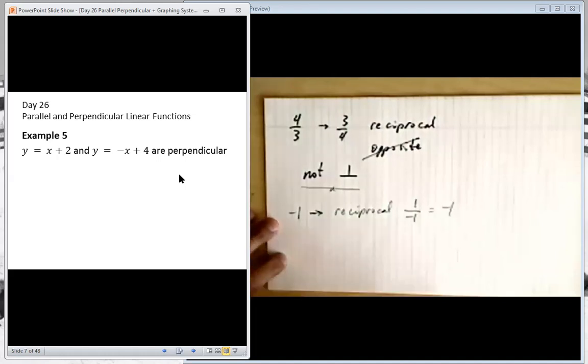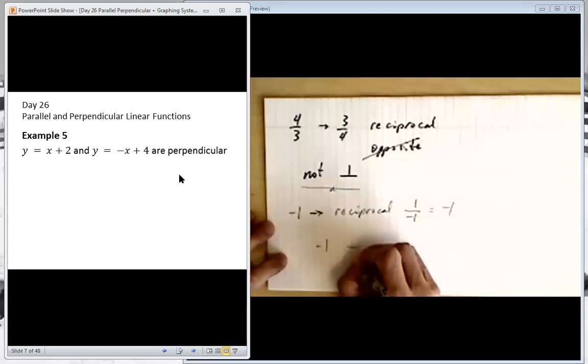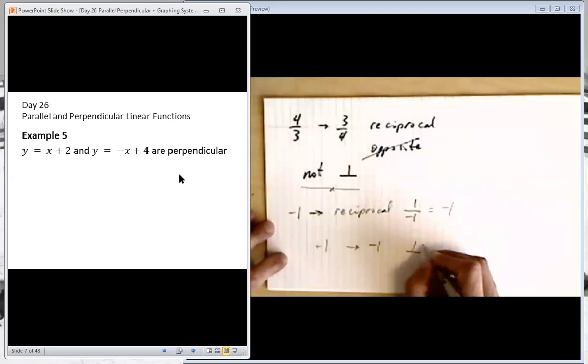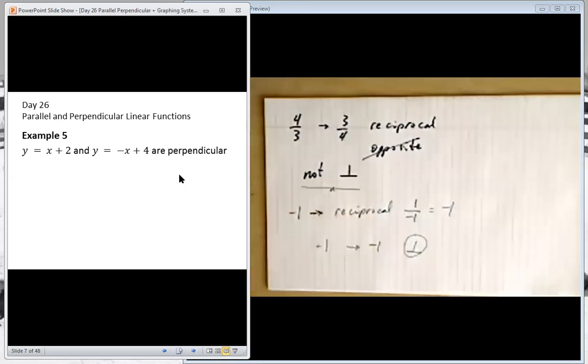So that part's okay for the reciprocal, and they're opposite signs. We got a +1 to start with, and it goes to a -1 afterwards. So that example is perpendicular to one another.